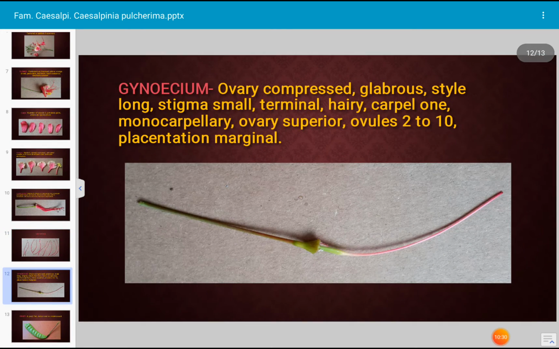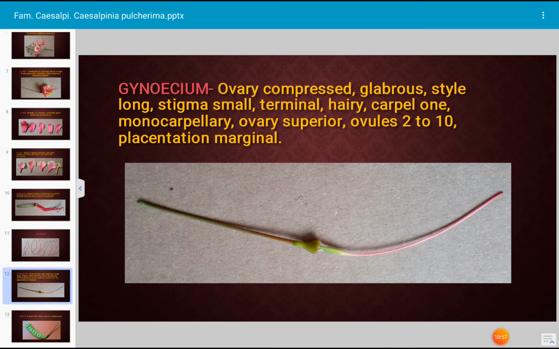this is the gynoecium of Caesalpinia pulcherrima, family Caesalpiniaceae. Gynoecium consists of ovary, style and stigma. Ovary is compressed. Compressed ovary means flattened, flat in shape, and it is glabrous.